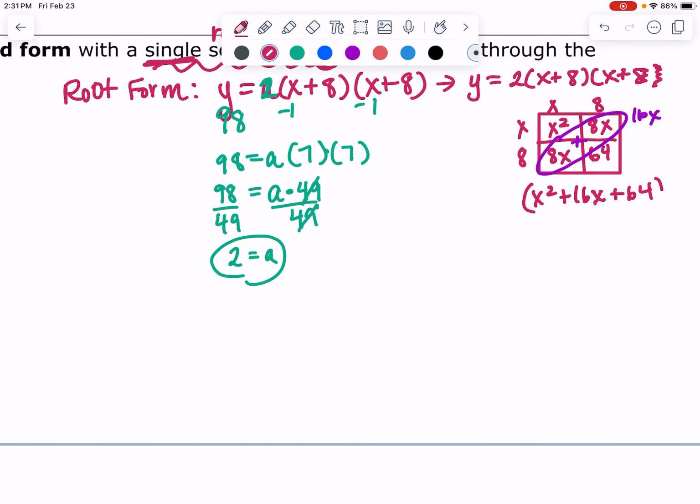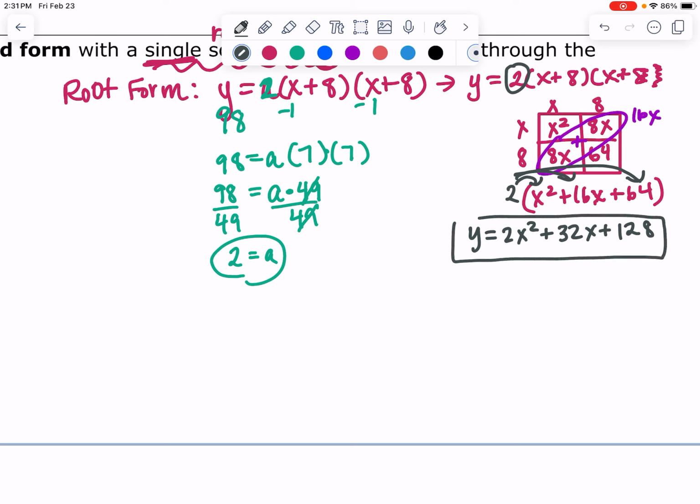Put it back in parentheses. Bring down the 2 and distribute it. We get y equals 2x squared plus 32x plus 128. And that would be our standard form. And so a equals 2, b equals 32, c equals 128.